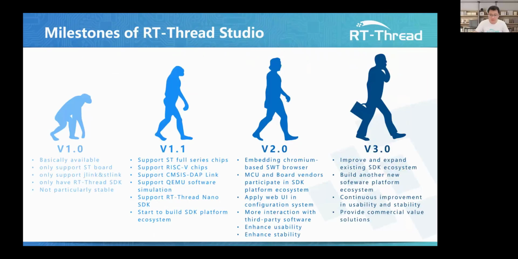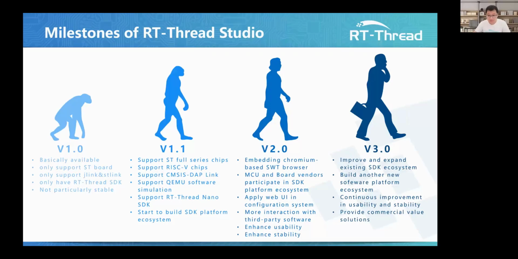Until now, Studio has reached 4 milestones in version 1.0. It was just a base IDE that only supported ST development boards, J-Link and ST-Link debuggers, and the RT-Thread SDK. The whole software was not very stable.